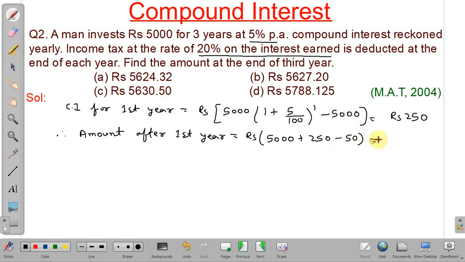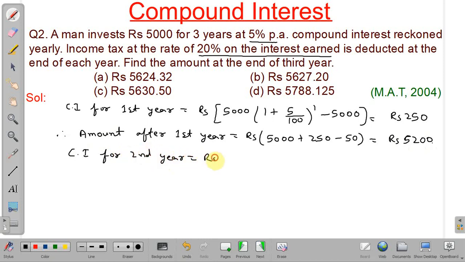So amount will be rupees 5,200. So this will be the principal for second year. 5,200 will be principal for second year. Now we can calculate compound interest for second year.